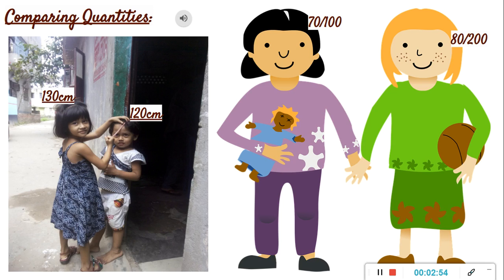Now, if you want to compare whose score is better or who performed better, in this case, you just can't compare 70 and 80, even though 80 is greater than 70. We just can't compare the numerators, right? Both of these are fractions. You have a numerator and a denominator, isn't it?